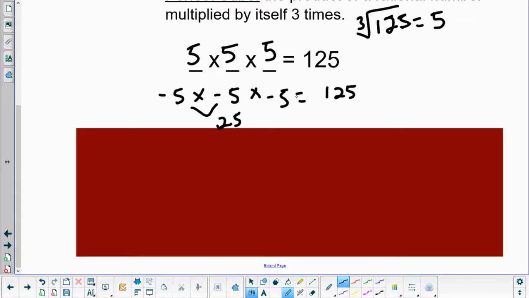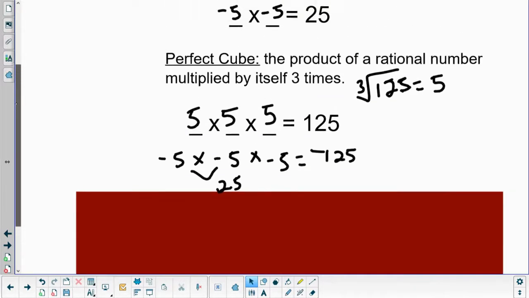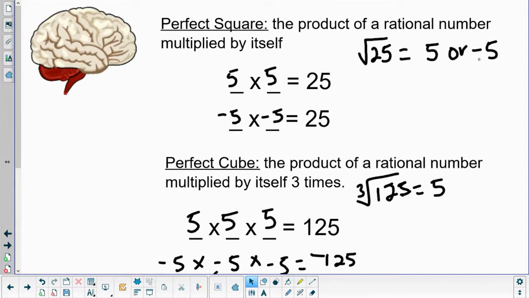Well, positive times negative actually gives me a negative 125. So this one is not the same. You cannot have a negative when it comes to cube roots. So square roots can have 2 possible answers. Cube roots will only have 1 answer, okay, because the negatives do not work.